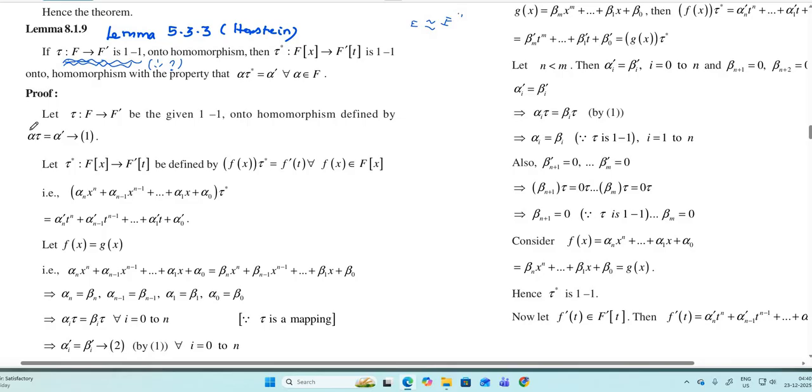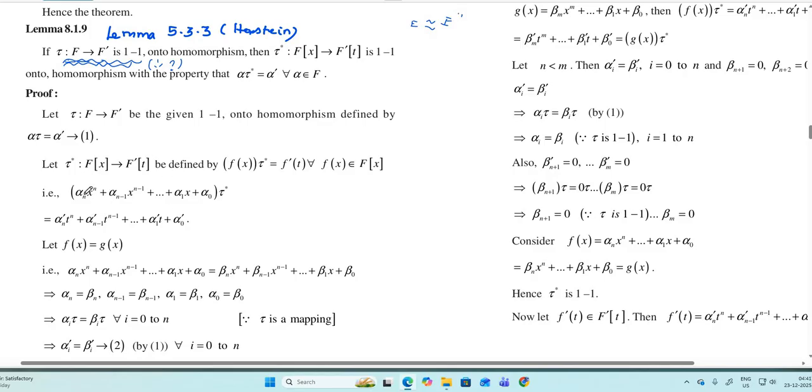Right, now to prove this lemma, we'll consider tau from F to F prime to be the given one-to-one onto homomorphism, which takes alpha to alpha prime. This is our assumption. Now we'll define tau star from F[x] to F prime[t] as it takes f of x to this, meaning if I consider any polynomial in terms of x, it will be converted in terms of t.